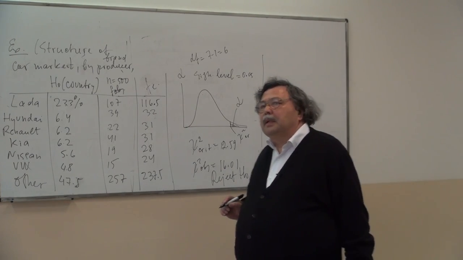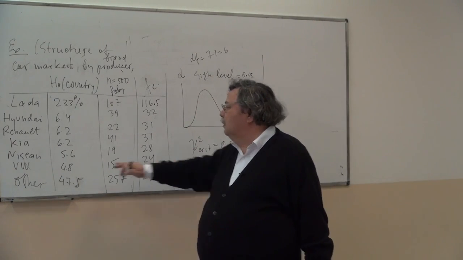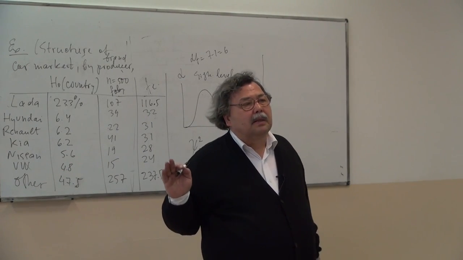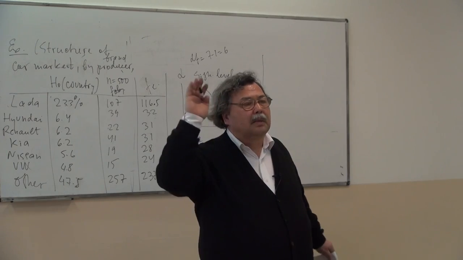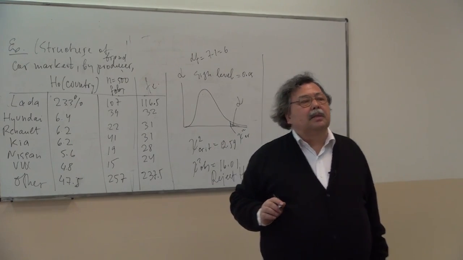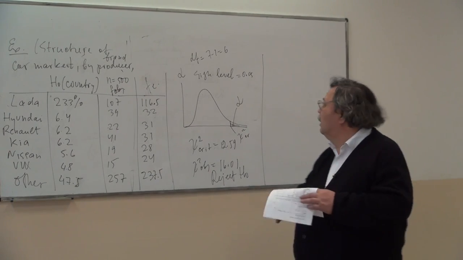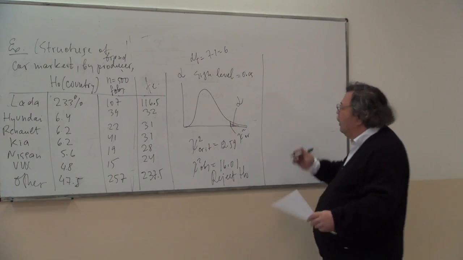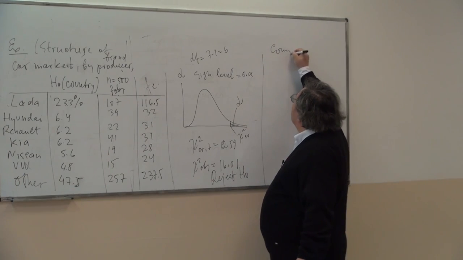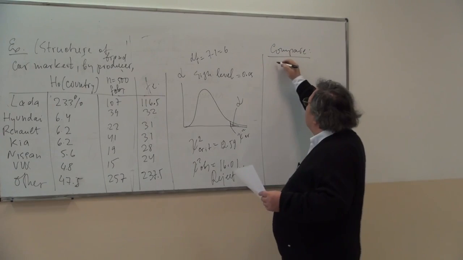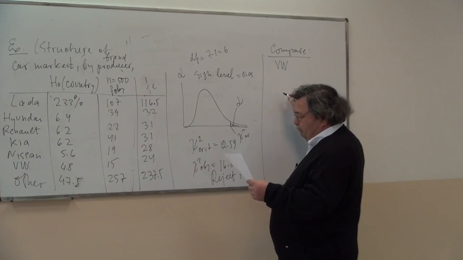So you might expect that if we run a test on the proportion that falls within this category separately, not multinomial proportion, this test would also tell us to reject the null hypothesis. Surprisingly, it's not the case here. So let's write it separately, for comparison. And it's about Volkswagen.